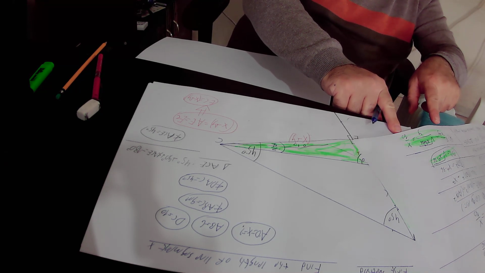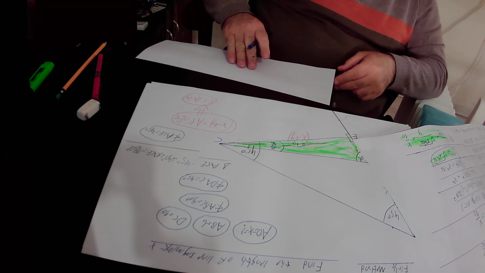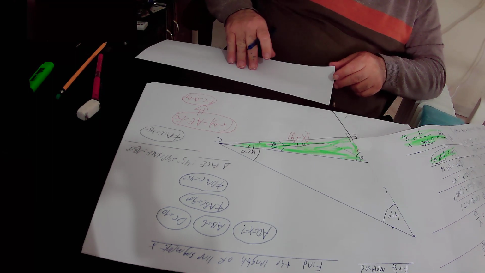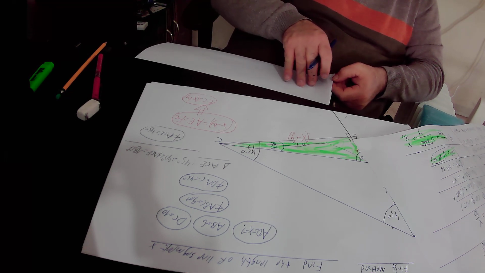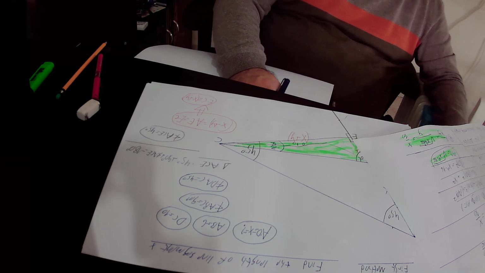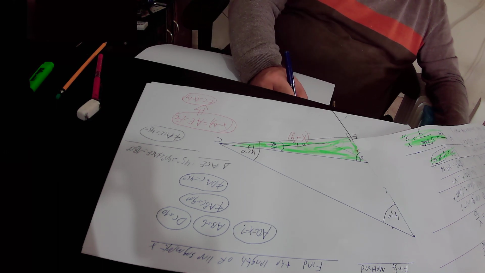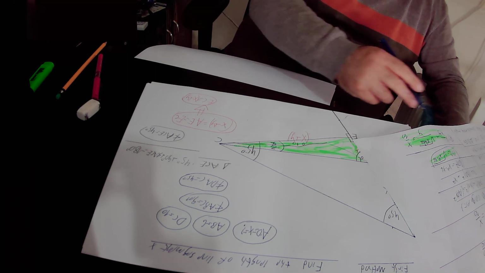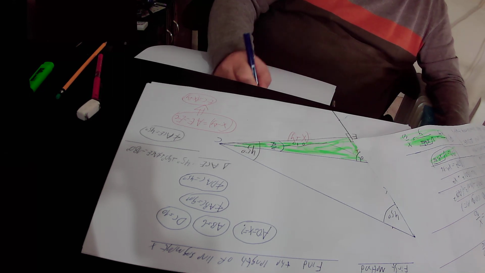That is to say 6 over X plus Y equals X over 10. So here we get that according to equation number 1, 6 over X plus Y is equal to X over 10.